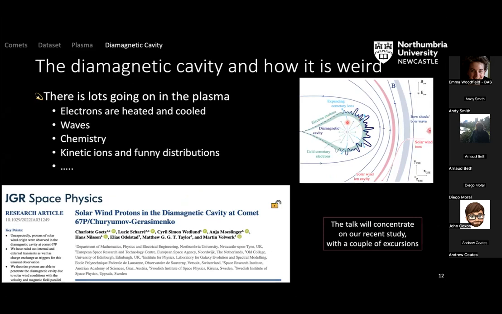If you look at this sketch of the environment, you have the sun on the right-hand side and the nucleus of the comet in the middle, spitting out all of its plasma, and it somehow manages to keep out all of the magnetic field from the solar wind, and you find this really lovely field-free region. And we don't really understand how this works properly. We don't know where the boundary is, why it's wavy, and so on. So it's always fun to look at new or interesting measurements in this.